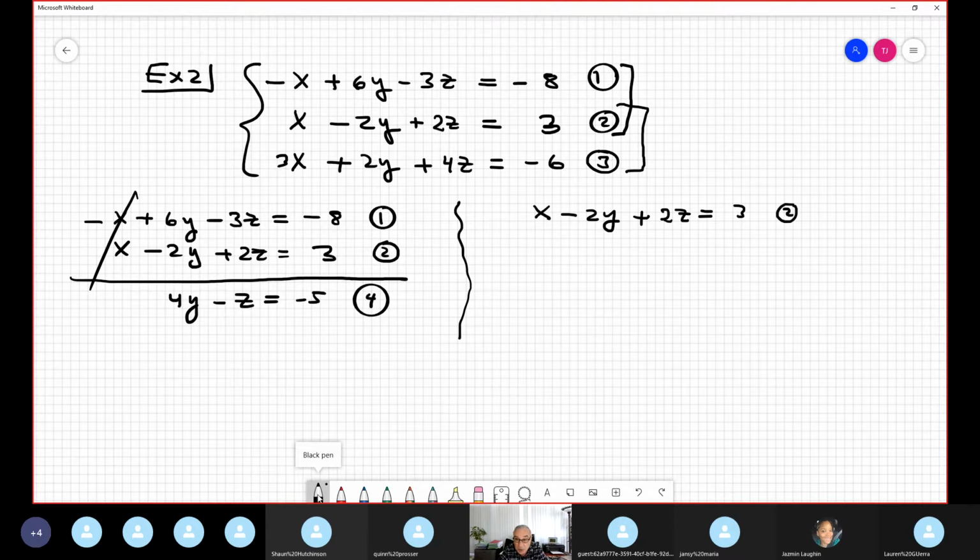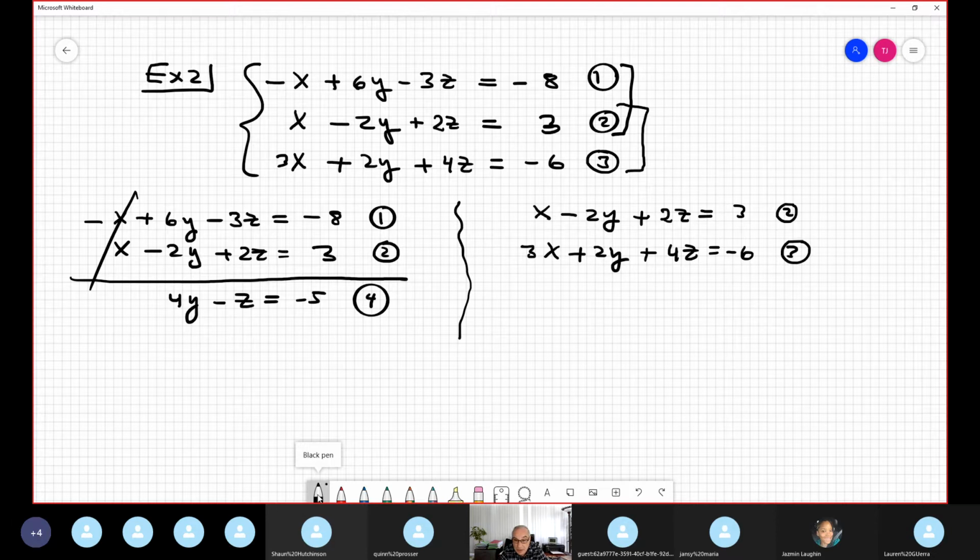This is equation 2 again, a repetition, I copy this. But I take 3, which is 3x plus 2y plus 4z equal -6. This is equation 3.